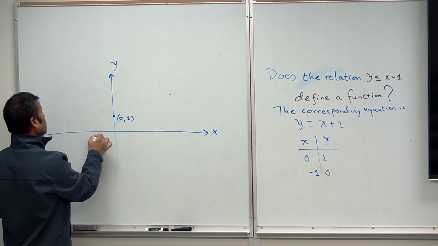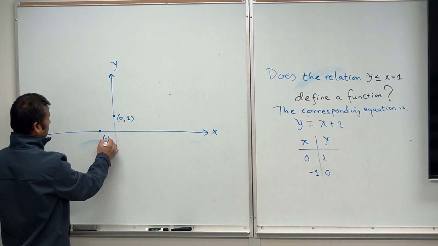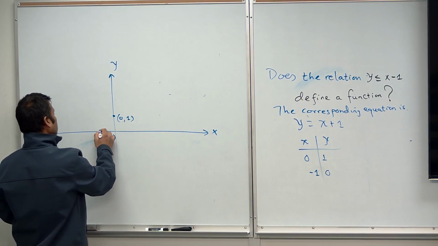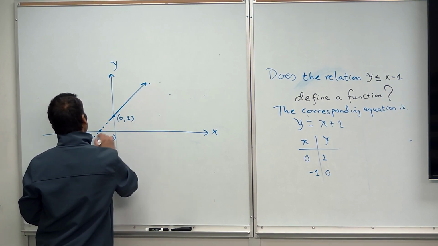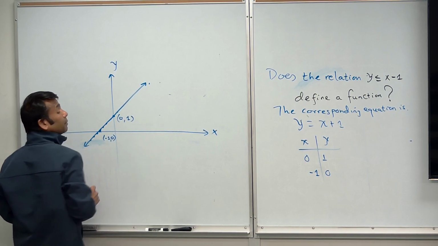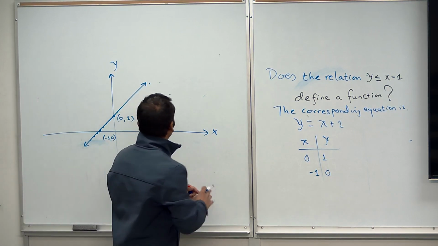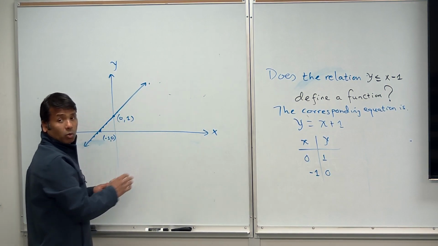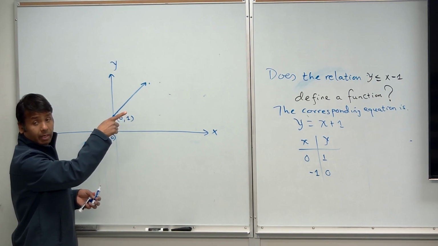And this is negative 1, 0. So now you join them. This is the line, right? But you see, now this line divides the plane into 2 equal halves. So that is the inequality, y is less than or equal to x minus 1.